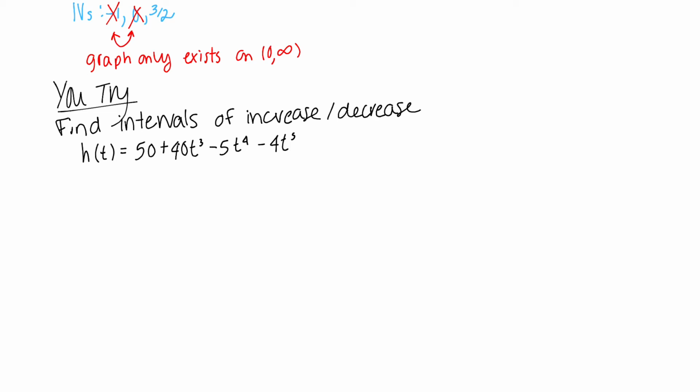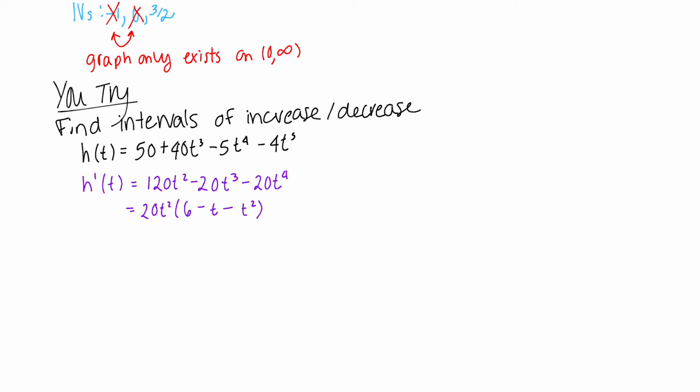Your first step should be taking the derivative. So you'd get 120t squared minus 20t cubed minus 20t to the 4th. You can factor out a 20t squared from everything. You'll get 6 minus t minus t squared.